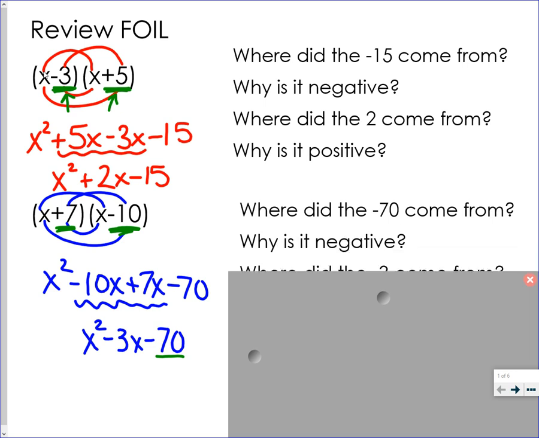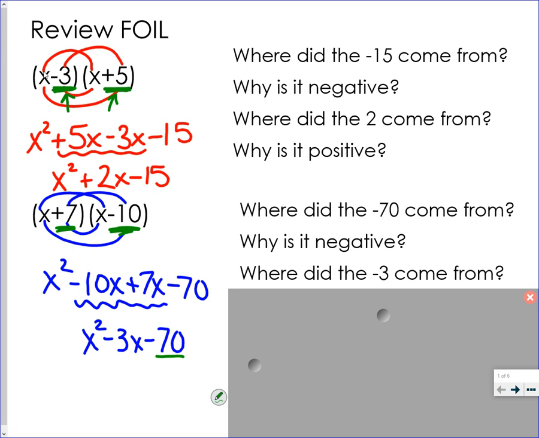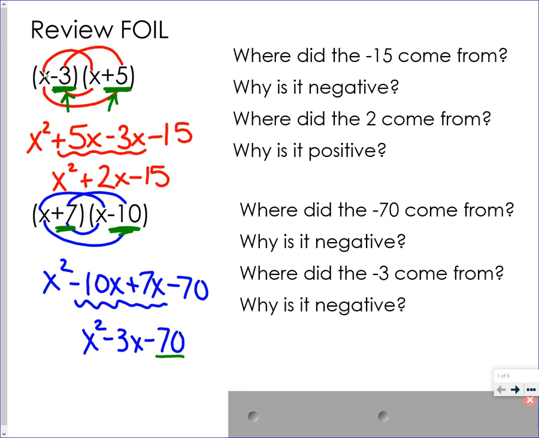And it's negative because they were different signs. The negative 3 came from when I added the positive 7 and the negative 10. And this time, it's negative because there were more negatives. The 10 was the bigger number. So there's more negatives in this one.